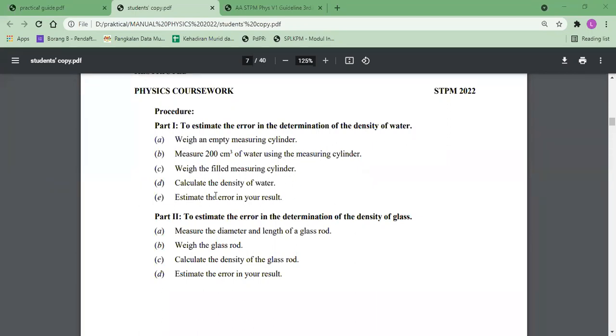Continue. Calculate the density of water. The density of water is calculated. Estimate the error in your result. The error in our result, or in my result, is estimated.